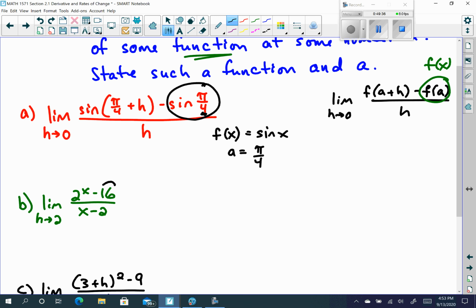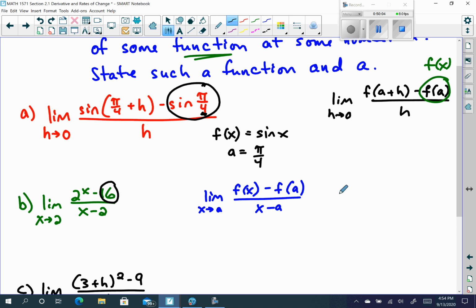All right, here we're just given a number, so we need this help here. What this is really looking at, this is using the limit, and I shouldn't have an h there, that should be an x, because it's using that other version that I wrote down. So what this is using here is the limit as x approaches a of f of x minus f of a over x minus a.